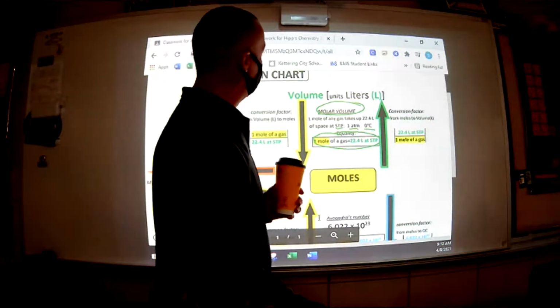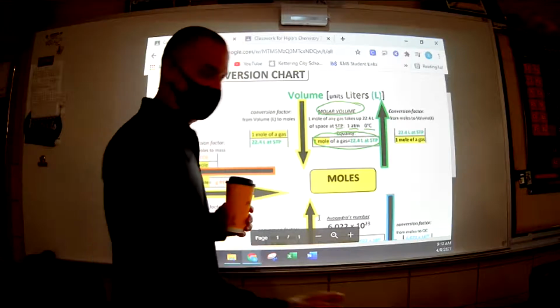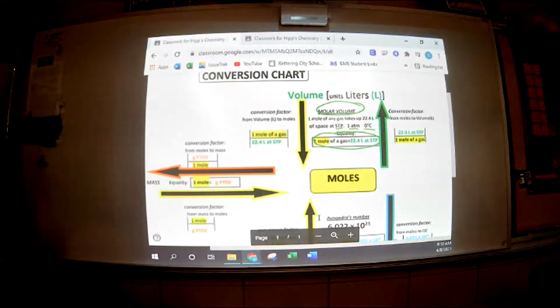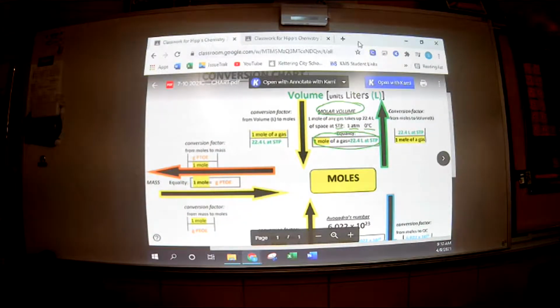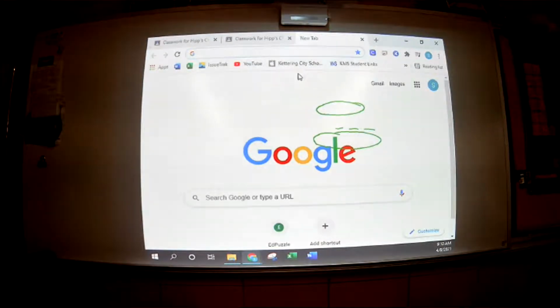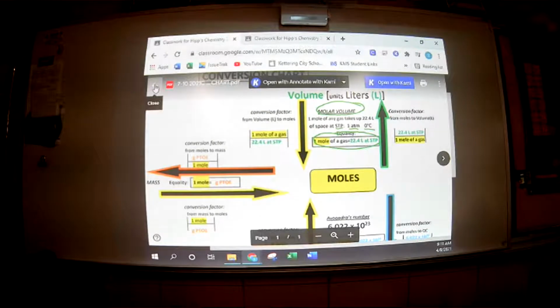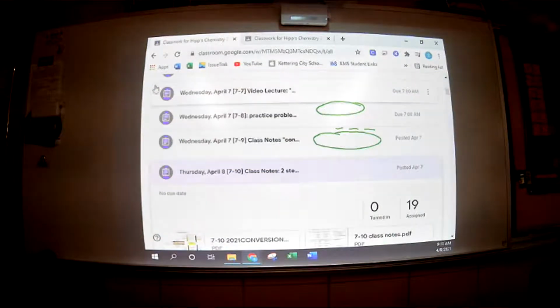If you take a look at your notes on this section, let's look real fast to show you why this whole molar volume thing works. If you have a gas at STP, 1 mole of gas will always be 22.4 liters.